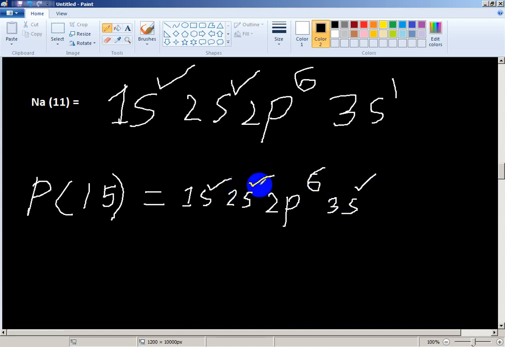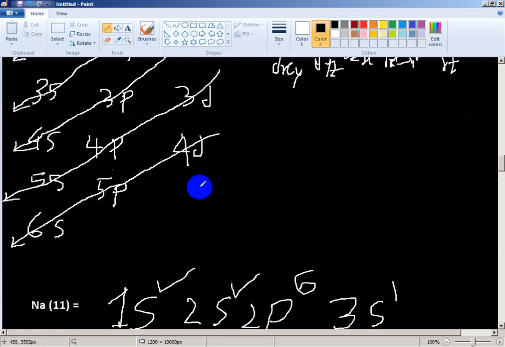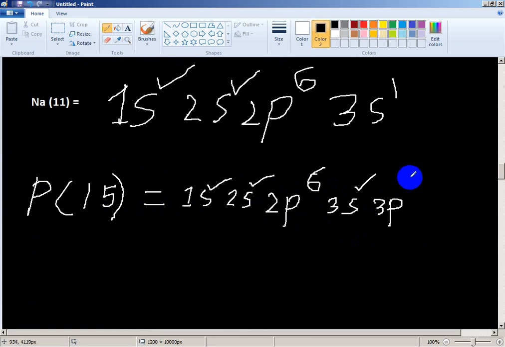That is 2, 2, 4, 6, total 12. So 3 electrons remaining, and these electrons will go after 3s, into 3p, so 3p3.